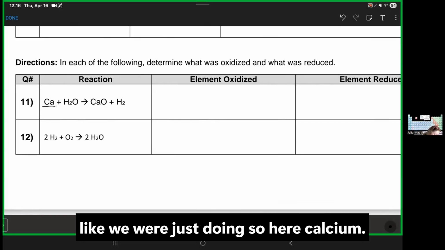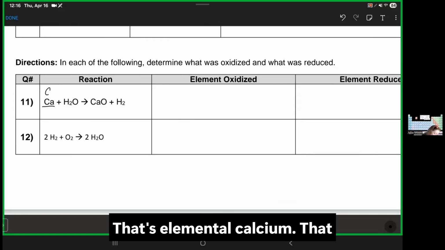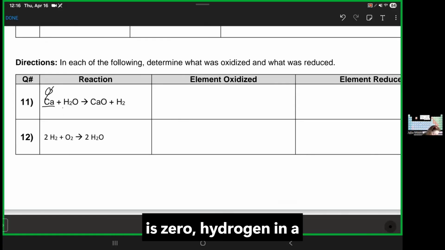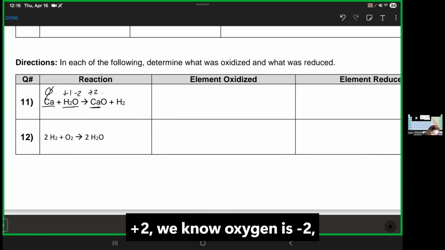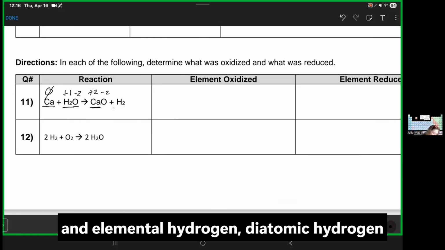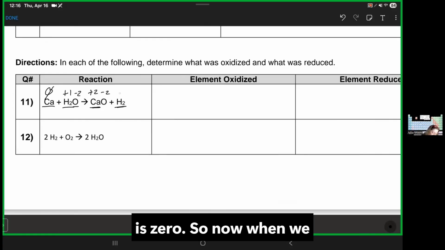Here calcium, that's elemental calcium, is 0. Hydrogen in a compound is +1, oxygen is -2. Calcium here in a compound, group 2 metal, is +2. We know oxygen is -2, and elemental hydrogen, diatomic hydrogen, is 0.